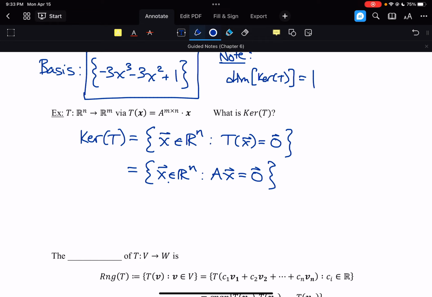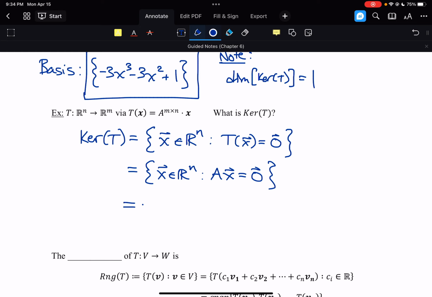So it's the set of all vectors that are the solution to this system of equations, essentially. And because it's equal to 0, this is a homogeneous system of equations. The solution set to a system like this has a special name that we've talked about in the past.